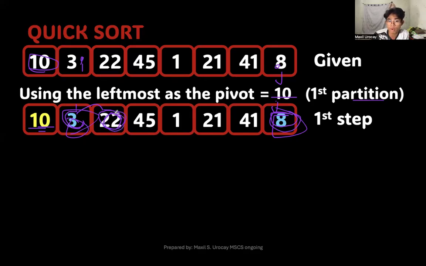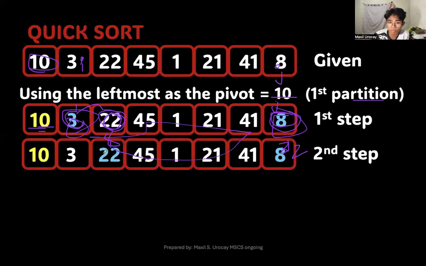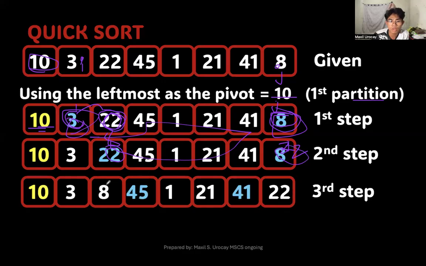Therefore 22, your I right now, must be swapped with your J. So 8 will be here, and 22 will be here in your second step. That's how it works. As I mentioned earlier, 22 and 8 will be your I and J. So in the third step, 8 is already here and 22 is here.